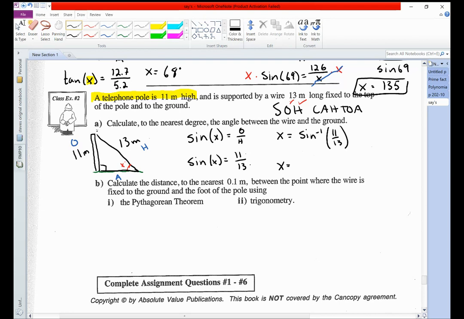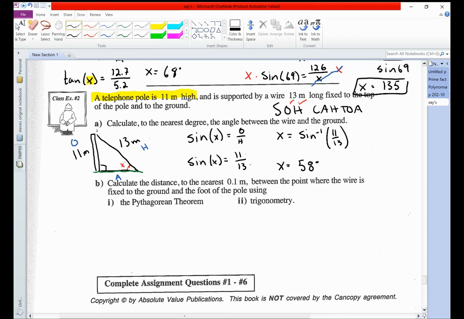You have to use your second function button or your shift button before you click the sine button. And on your calculator screen, you should see sine to the -1. And if you do that, we get 58 degrees. So the wire and the ground form an angle of 58 degrees.